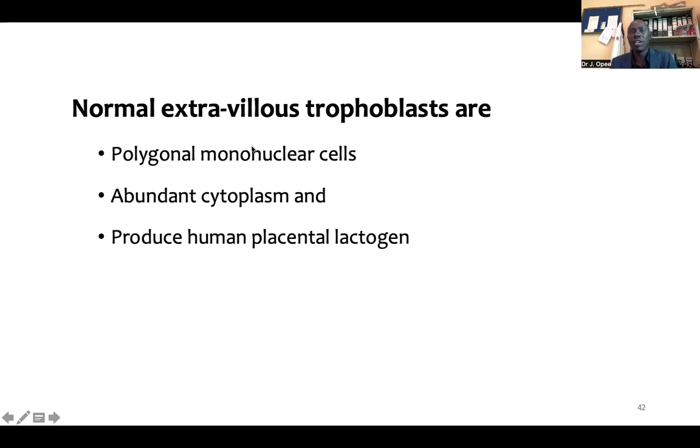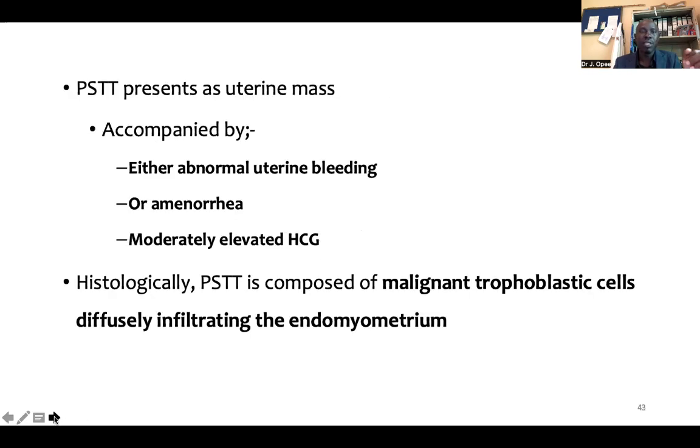So the normal extravillous trophoblasts are normally in this kind of shape. The pathologists describe this when you give them the samples. I don't want to take long on that. The presence of placenta-site trophoblastic tumors may be noticed as a uterine mass. You can have accompanying symptoms such as abnormal uterine bleeding.